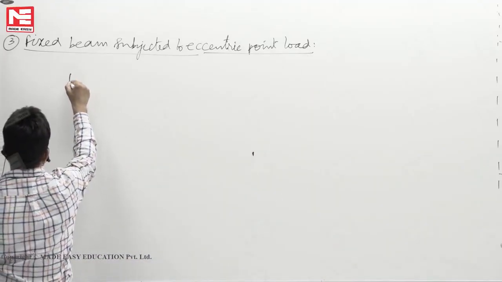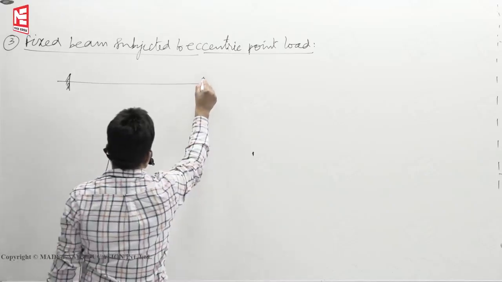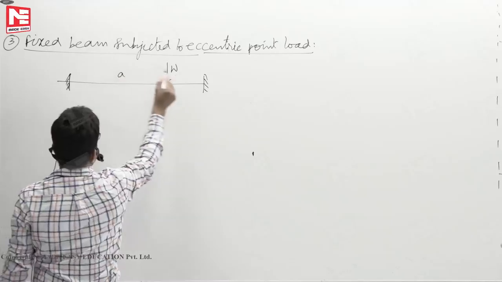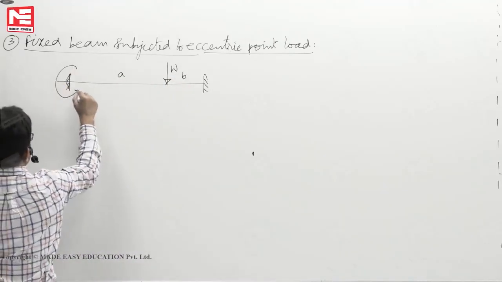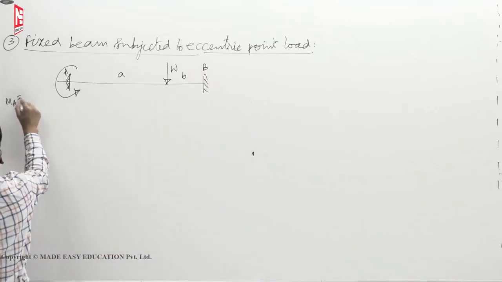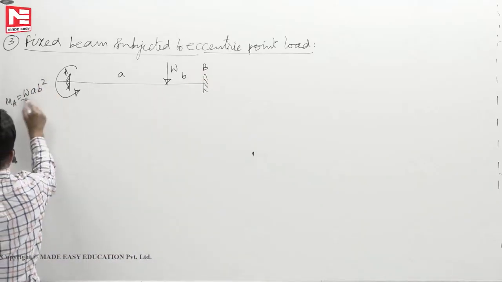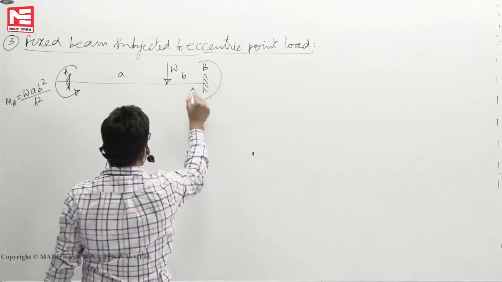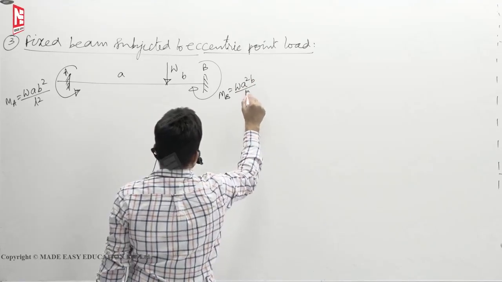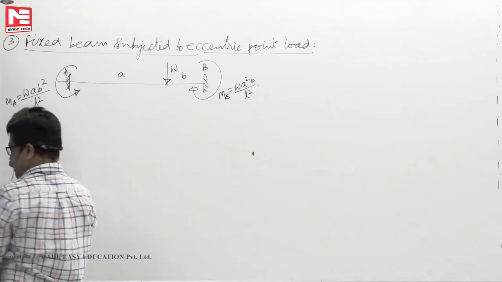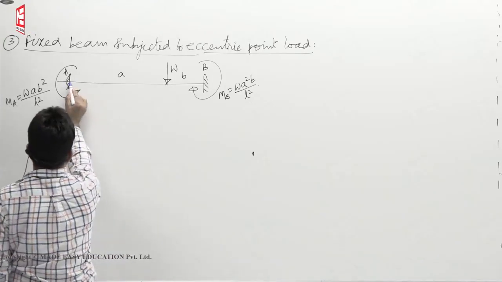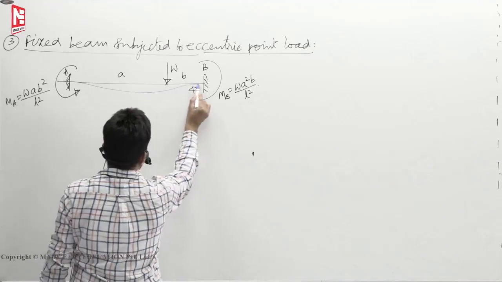Now let us see what we have studied. This is eccentric load W, this is A, B. Fixed end moment at A is W A B square by L square. Fixed end moment at B is W A square B by L square. Again the deflection profile is like this.